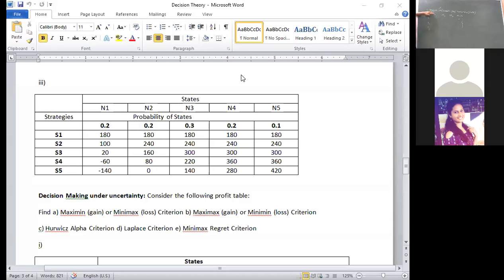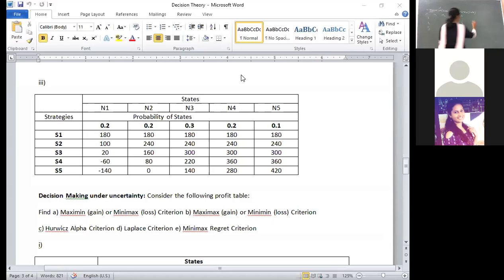Again, I am repeating. Maximin. For example, 3 strategies are given, 3 states of nature are given. For each strategy, you have to find out the minimum value. After calculating minimum values, among all those minimum values, you have to choose the maximum value, that is maximin, that is gain criteria.